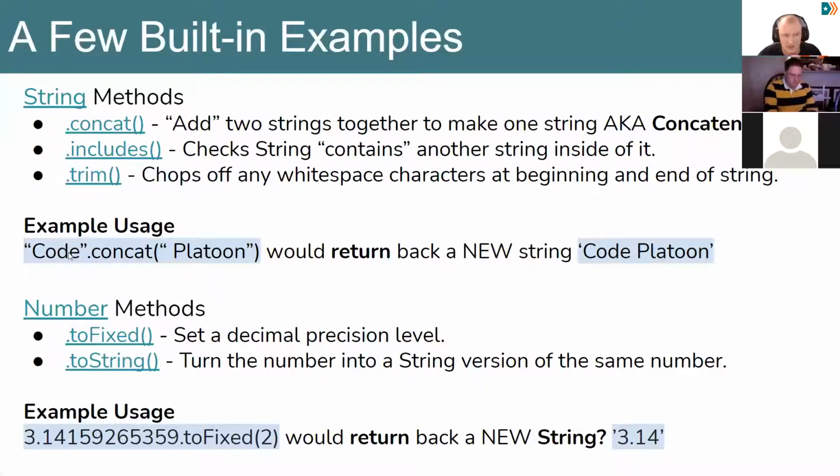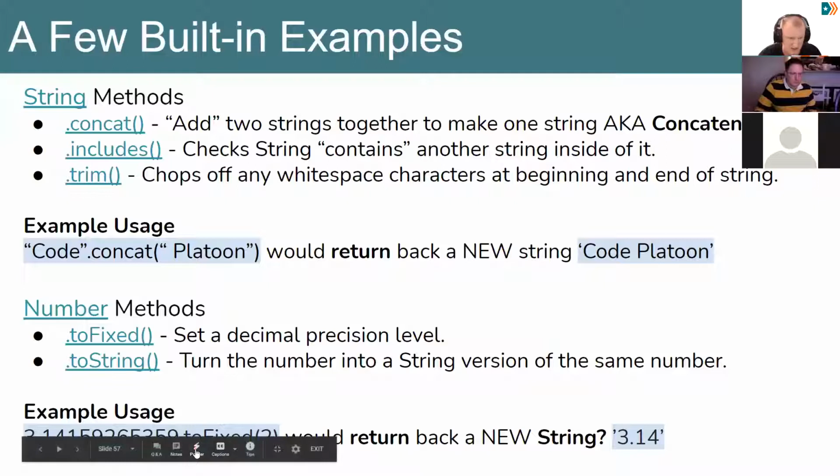Here's just an example of how it might look in code. We have double quotes, which makes it a string of code, right? So code is in double quotes, it's a string. I can chain using this little dot syntax. Where's my highlighter pointer?